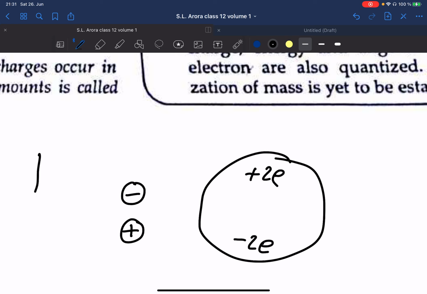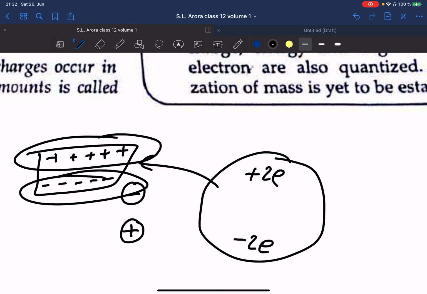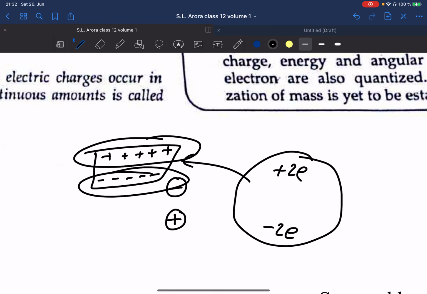Here there's more negative, here there's more positive. If I add these two, it becomes a neutral body, because every plus has its minus.